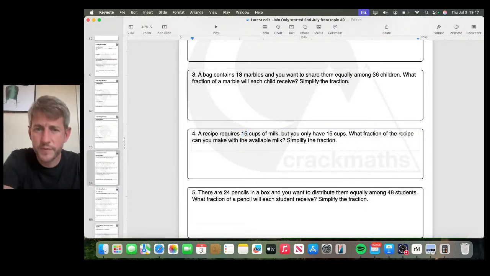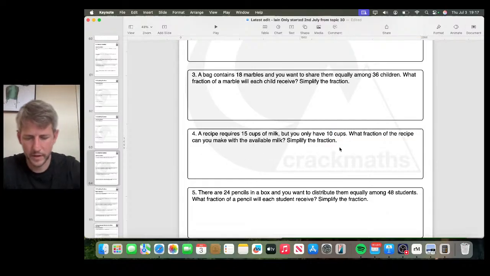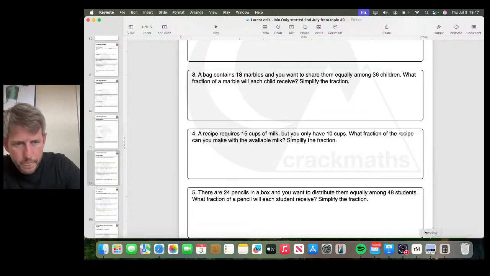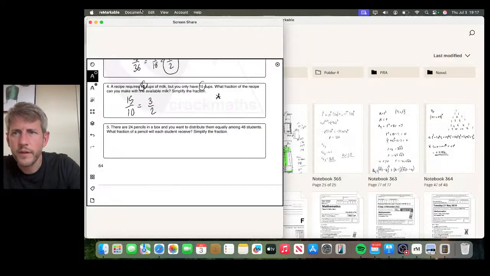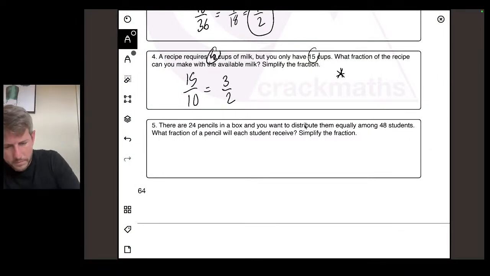A recipe requires 15 cups of milk, but you only have 10 cups. What fraction of the recipe can you make with the milk? Okay, right. Done. So this is now 15, and this is now 10.